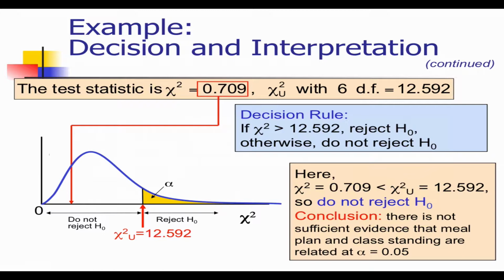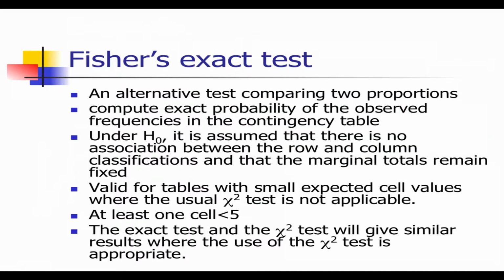So the next section we want to introduce is, what if that is the case? What if you have a smaller sample size, or what if you have very unbalanced distribution? The alternative to chi-square test is called Fisher exact test. And now it's probably clear that for Fisher exact test, what is a scenario that you should consider?